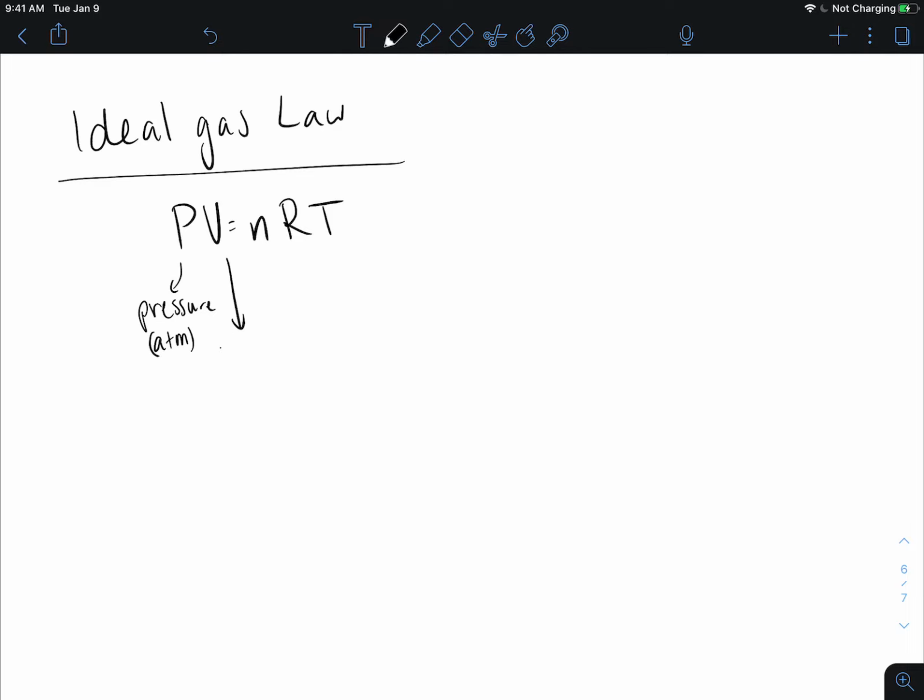V is your volume, generally in liters. n is your moles, in moles. R is your gas constant or proportionality constant. And your T is your temperature, always in Kelvin.